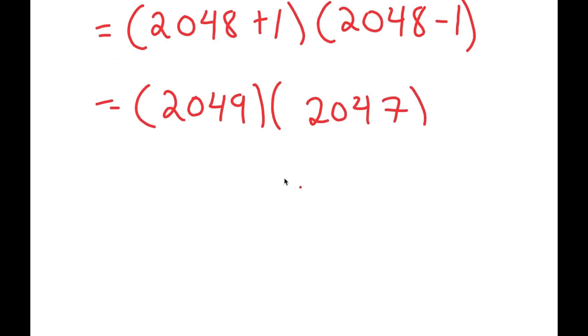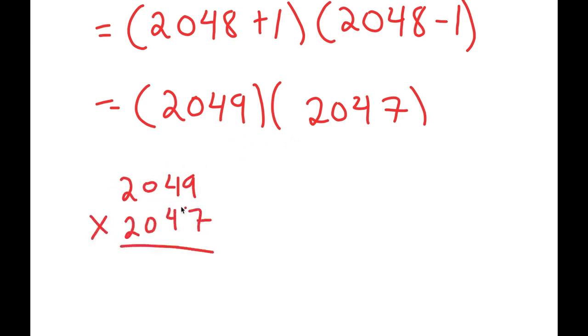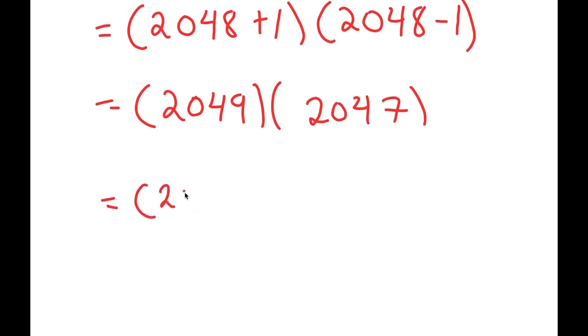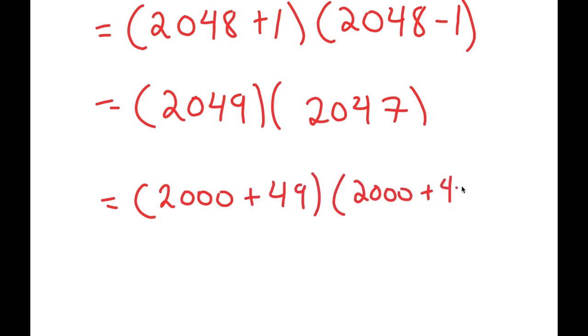And now, a simpler way of multiplying this, rather than the usual method of this way, takes way too long. So a much easier route is to rewrite this as 2000 plus 49 times 2000 plus 47.